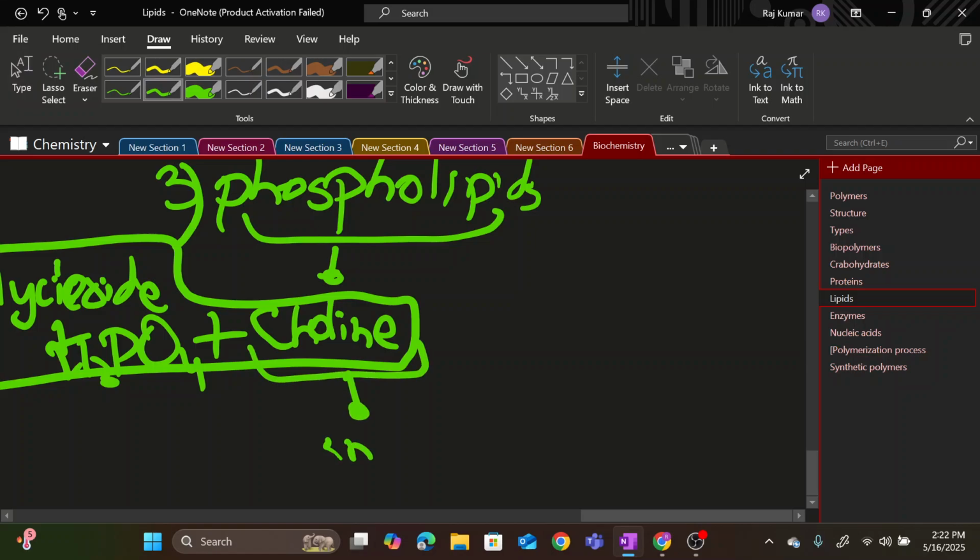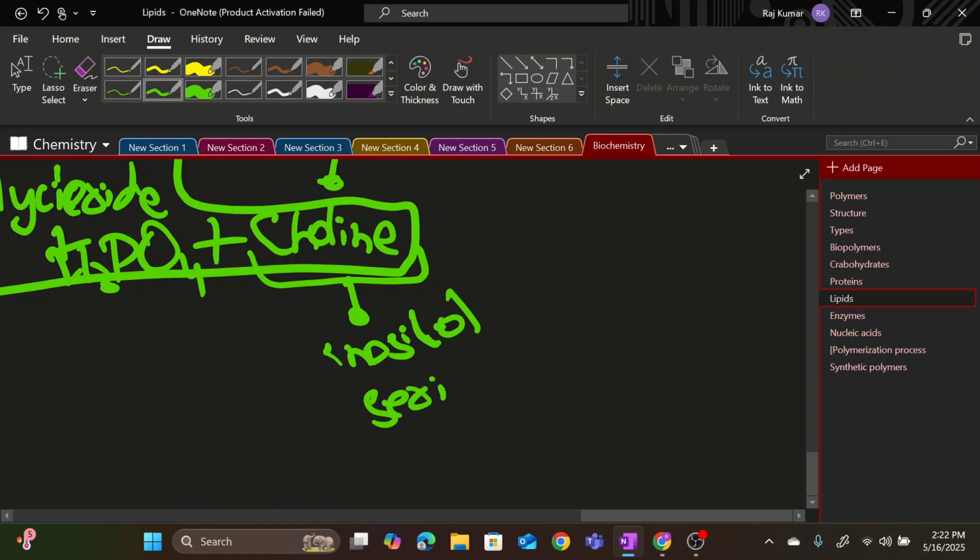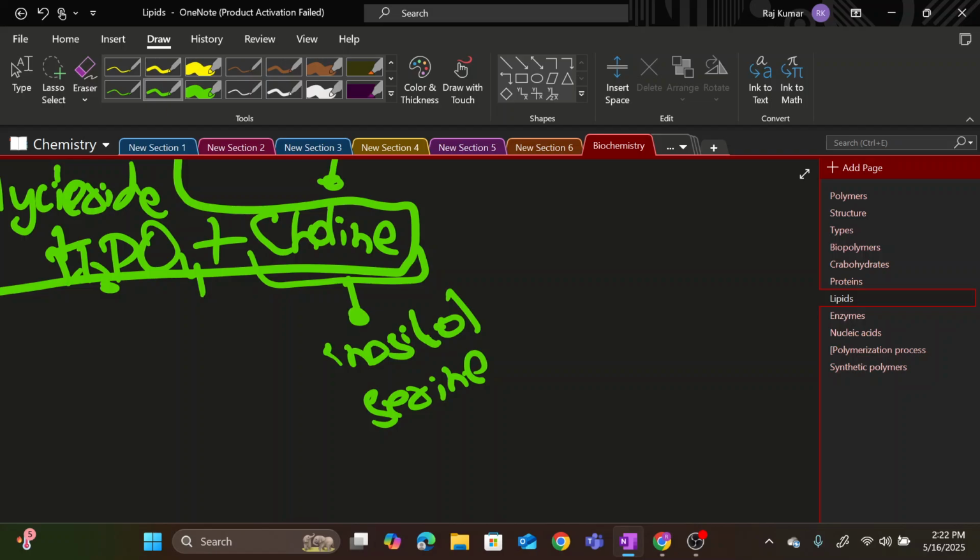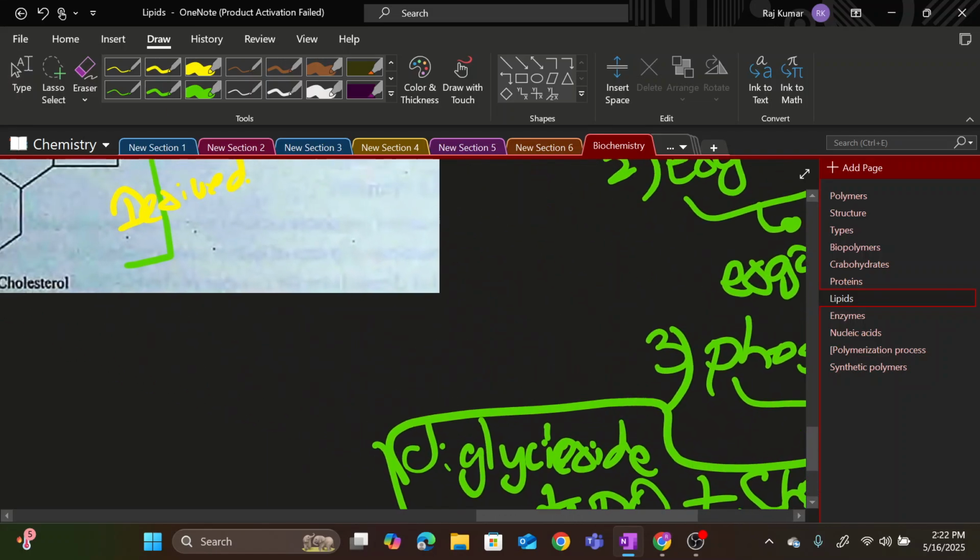Instead of choline we can also have inositol, which is an alcohol, or serine, an amino acid. So this is about it.